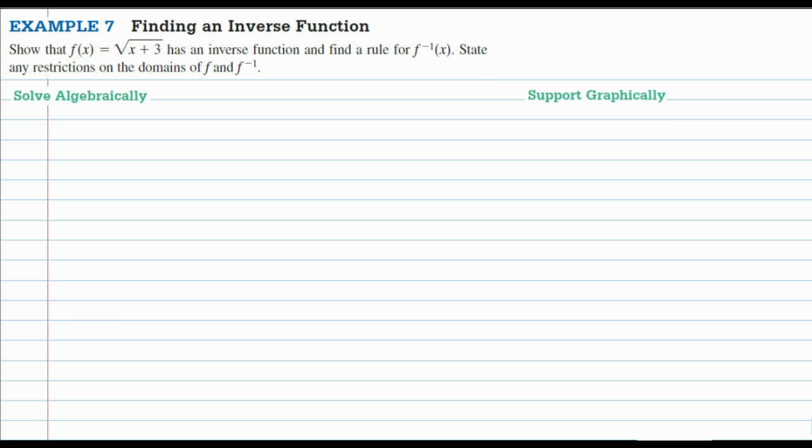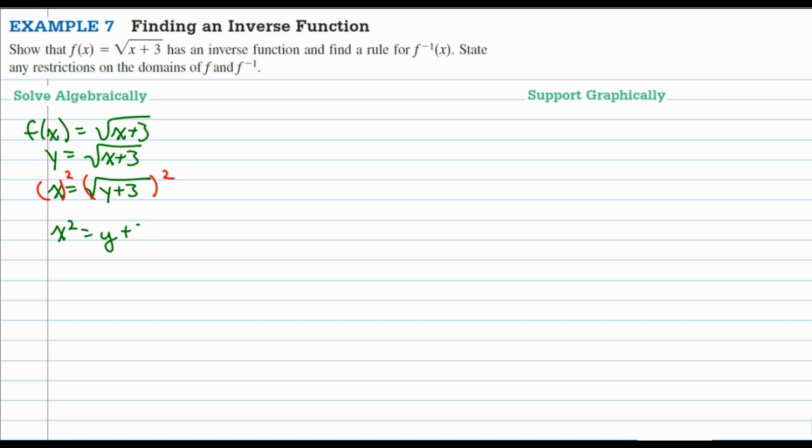So let's first find the inverse function. If f of x equals the square root of x plus 3, which also means y equals the square root of x plus 3, the inverse is going to switch x and y. So now x equals the square root of y plus 3. I can square both sides, and now I have x squared equals y plus 3.